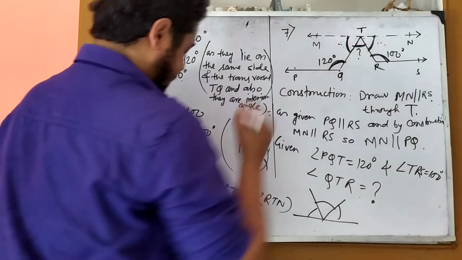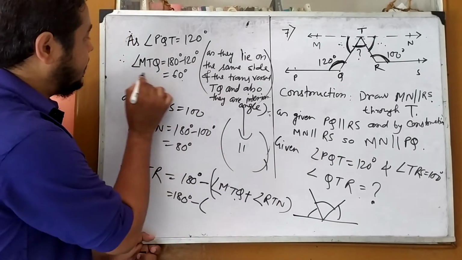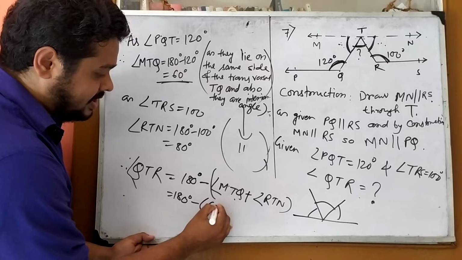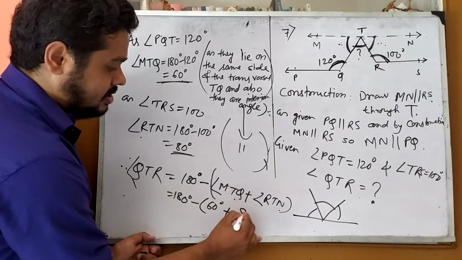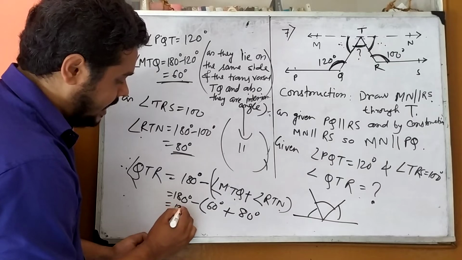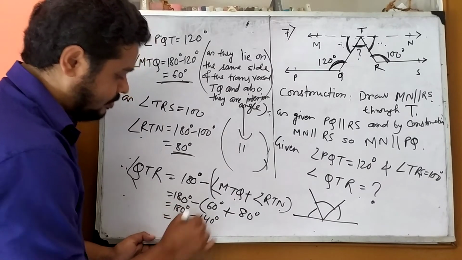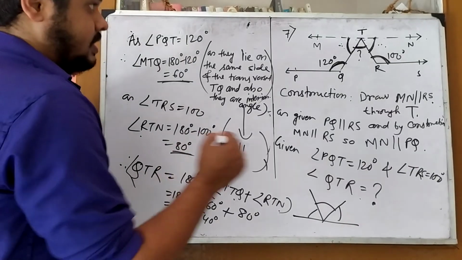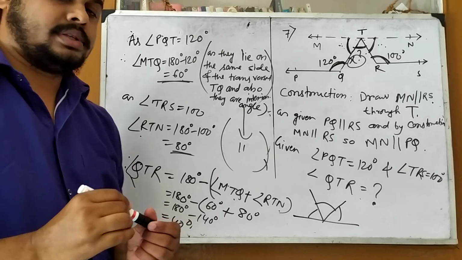Now 180 minus, MTQ is 60 degrees plus RTN is 80 degrees, that is 180 minus 140, that is 40 degrees. So this is our answer and this is the value of X.